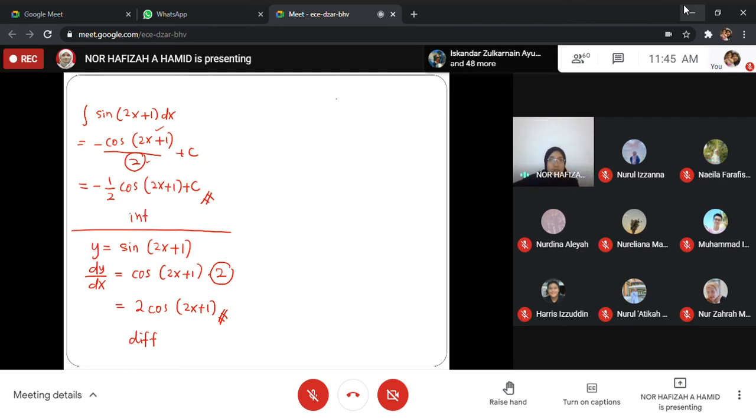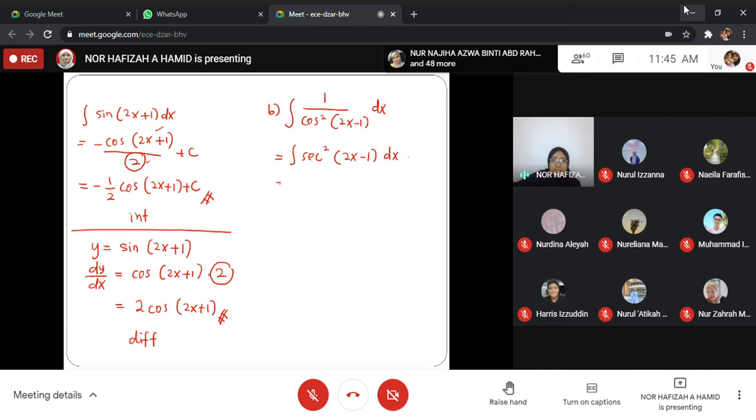Okay. So untuk yang B pula, so saya continue with example 14B. Okay, we need to integrate 1 over cos square 2x minus 1 respect to x. Okay, so 1 over cos also equal to secant. So ini equal to secant square 2x minus 1 respect to x.